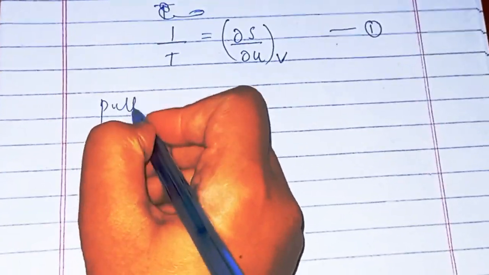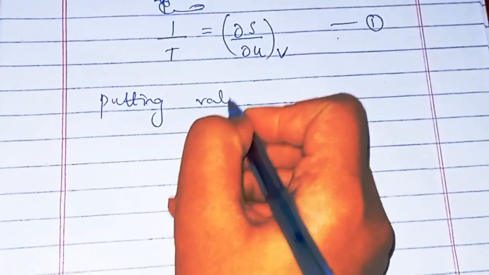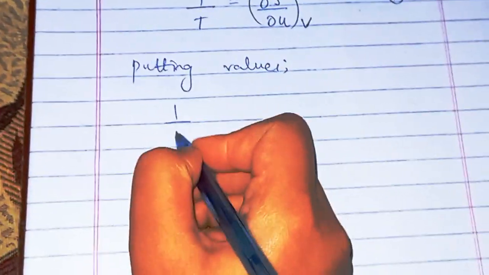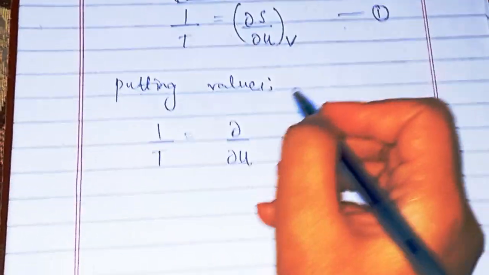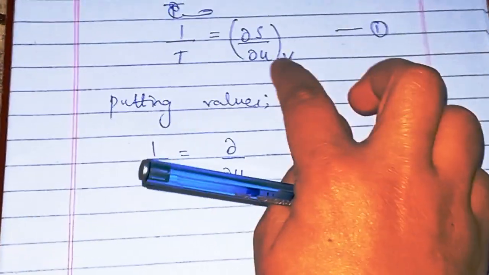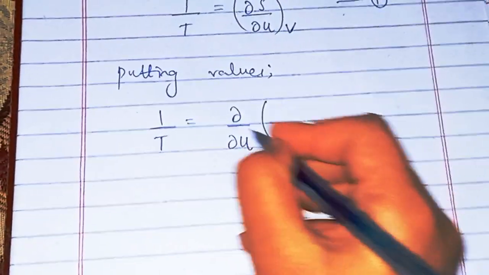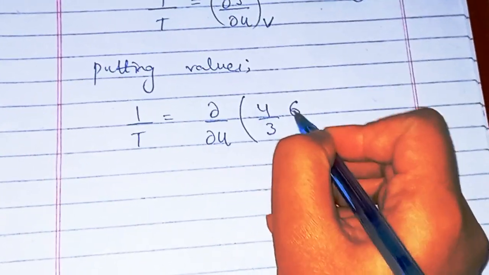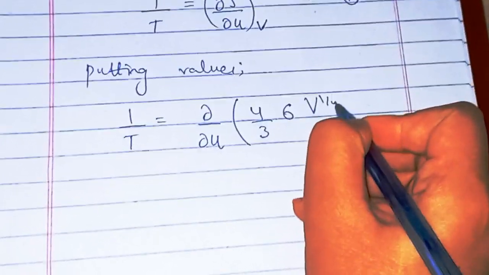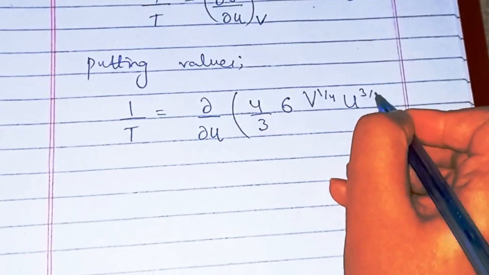Putting values. So we have 1 over T equals partial by partial U. You don't need to write V in here because we now acknowledge that V is kept constant in this differentiation. So partial by partial U of S. S is this. So putting values in here, 4 by 3 sigma, which is constant, V to the power 1 by 4, U to the power 3 by 4.